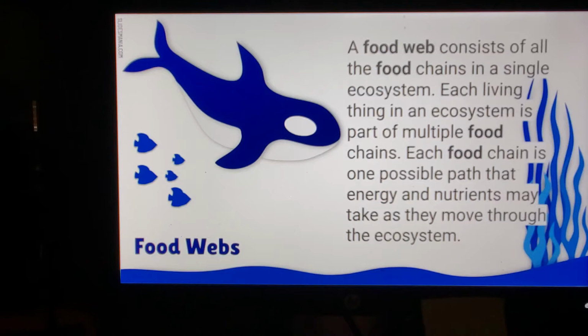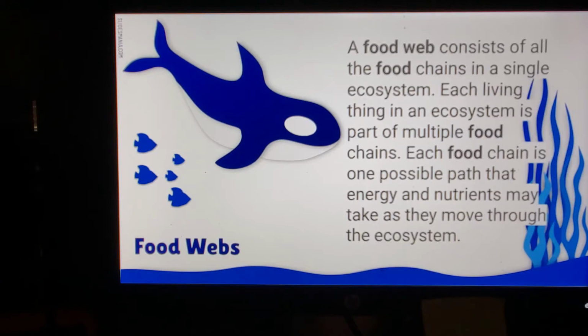So a food web consists of all the food chains in a single ecosystem. If we took one single ecosystem, just using a food chain wouldn't work. It wouldn't be reality, because there are so many different organisms that depend on one another, eat one another, and so forth. We really need webs to give us a better picture of what they look like.